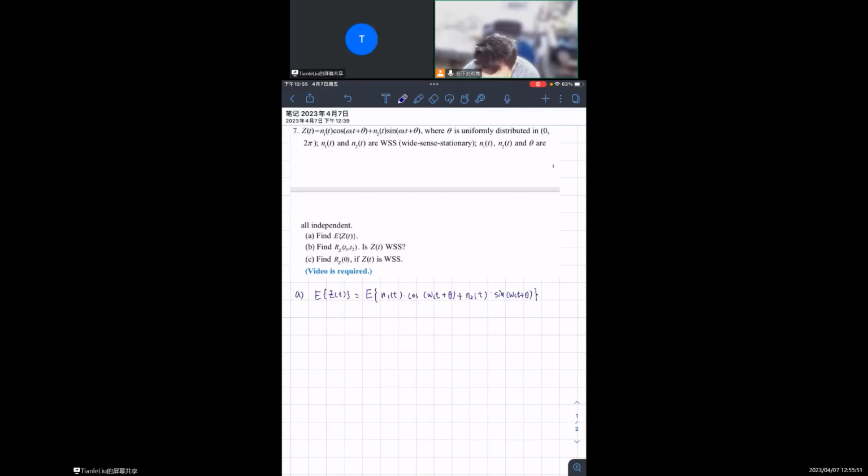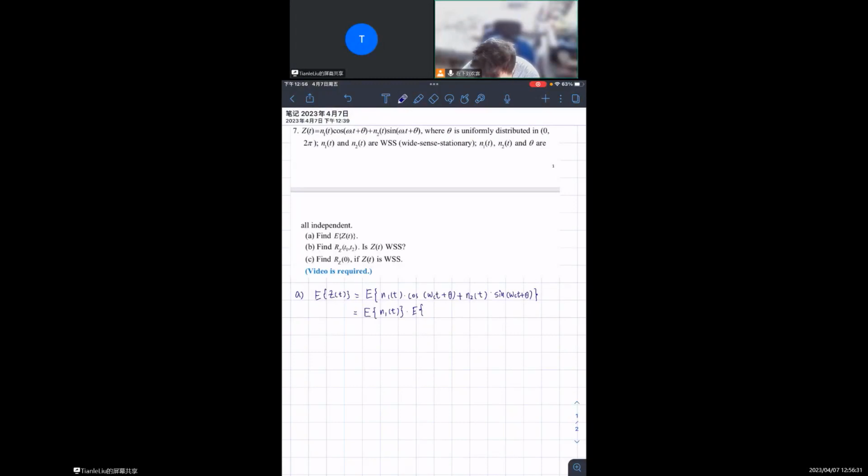Okay, so the next step we need to do is to separate them. We use the basic rule of expected value to divide every item out of the formula, so that each is included in a separate expected value.